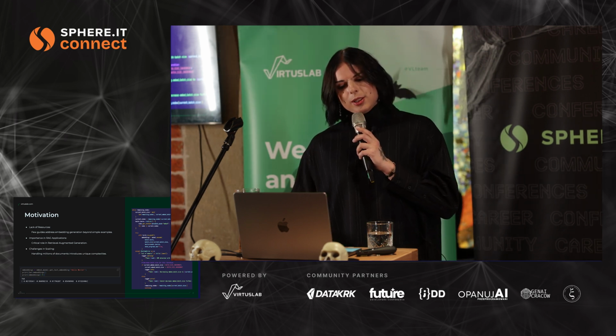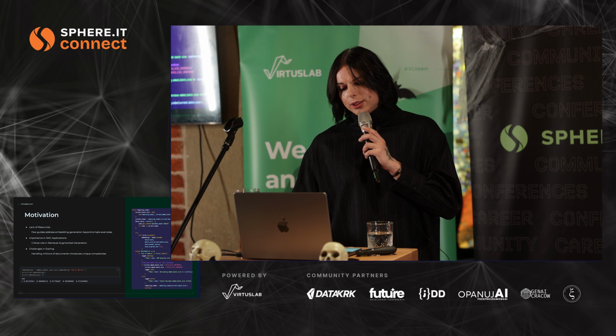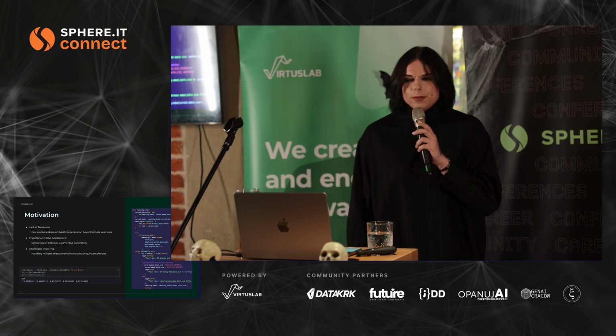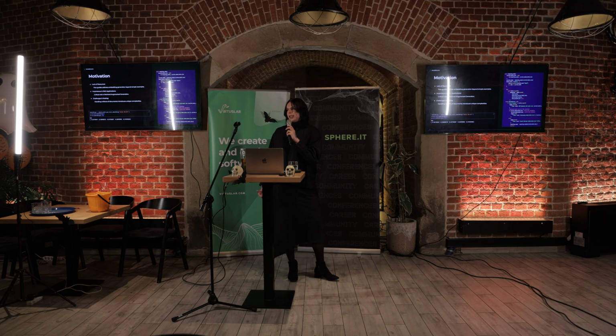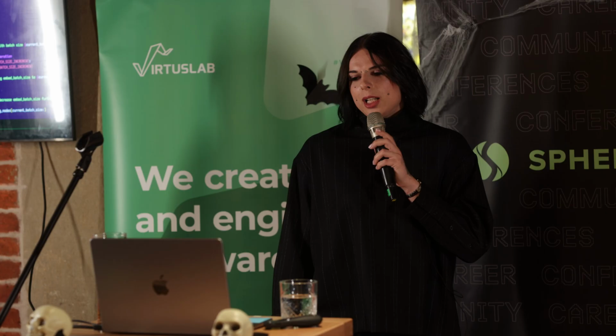The second motivation is the importance of embeddings in RAG applications, and maybe a little survey. How many of you know what RAG is? Okay, so less than half. RAG stands for Retrieval-Augmented Generation. This is a technique that gained traction recently due to the popularity of LLMs.